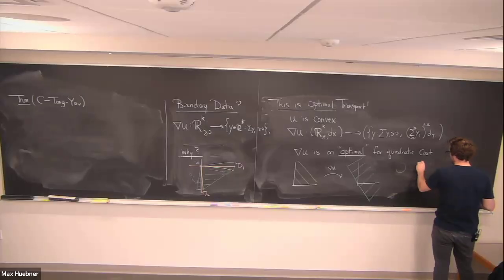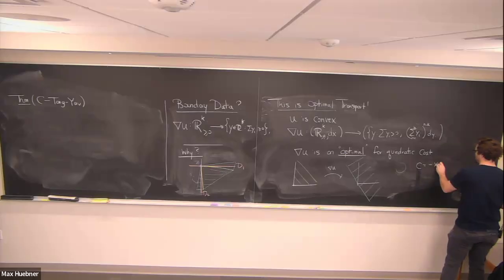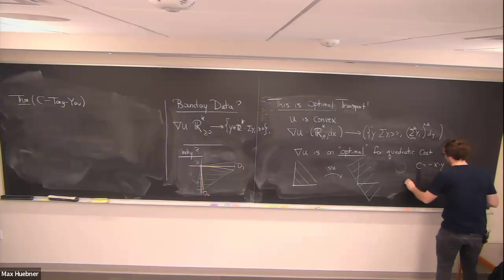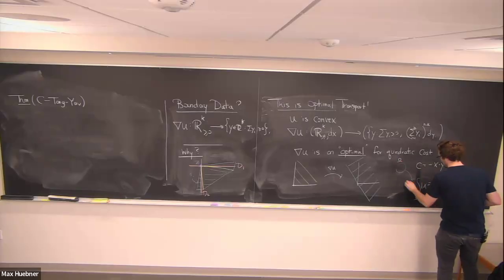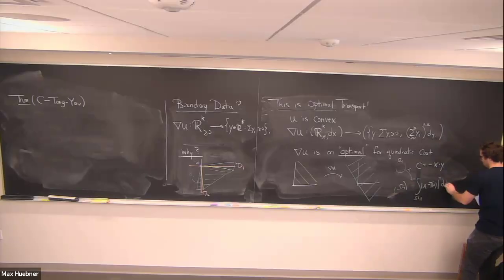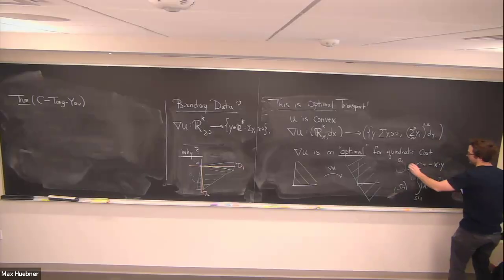So the cost function is minus x dot y, or in other words, the cost of a map T from omega 1 to omega 2 would be equivalent to talking about this cost, dx over omega 1, d mu, in this case if I put Lebesgue measure here.